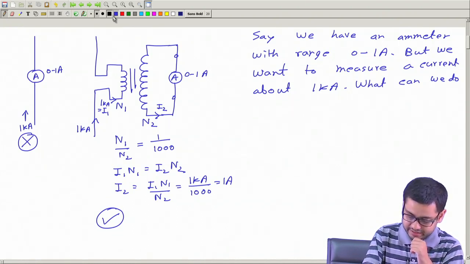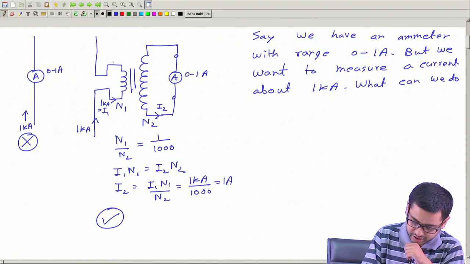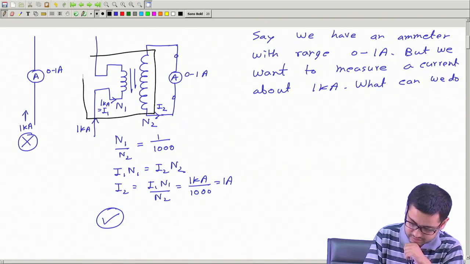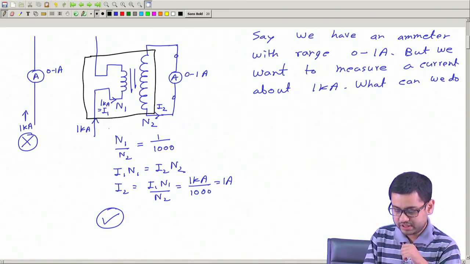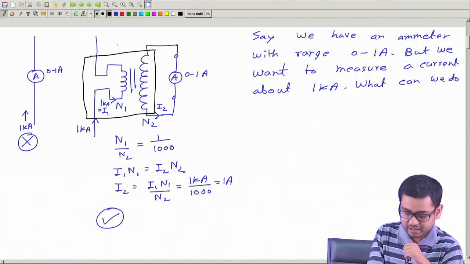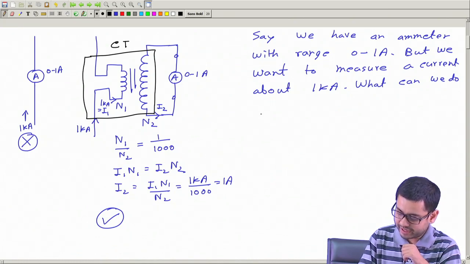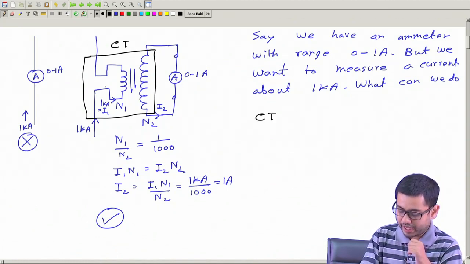Okay. And then this transformer we call a current transformer, and the function of the current transformer is to bring down a high current to a measurable low value.